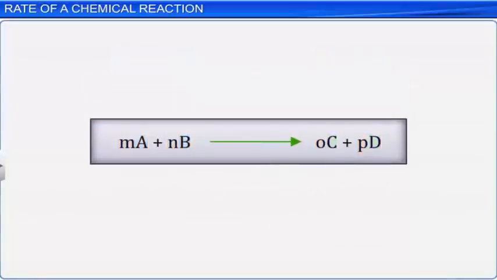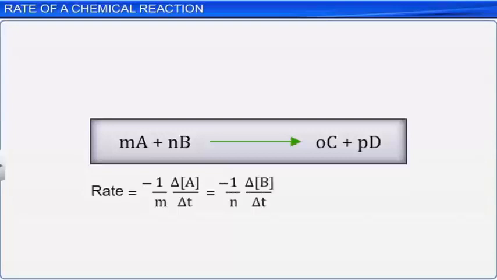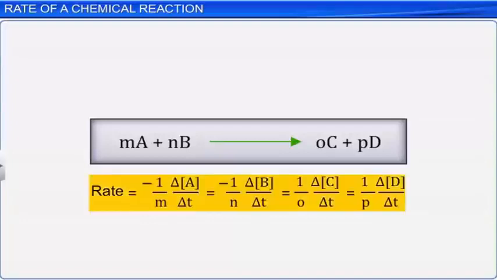The rate of chemical reaction in this case is given as -1 by m into delta A by delta t equals -1 by n into delta B by delta t equals 1 by O into delta C by delta t equals 1 by P into delta D by delta t.